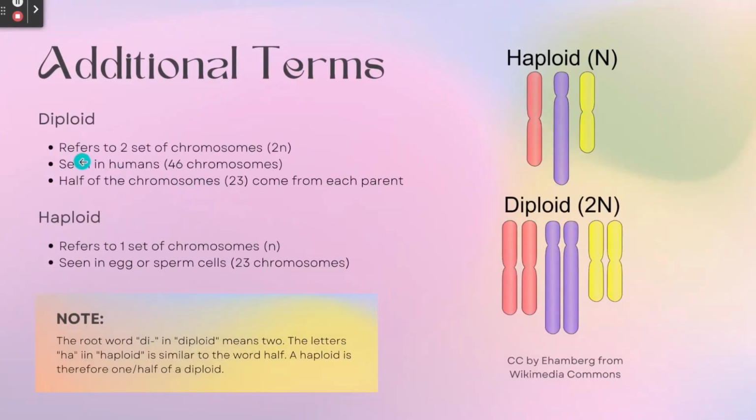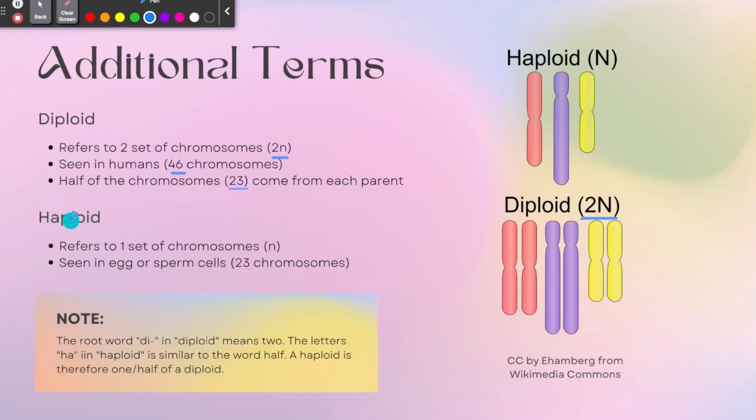So here are some additional terms. The first one is diploid, which is the 2N here, which we saw in the previous slide. This just refers to two sets of chromosomes. This is seen in humans, in which we have 46 chromosomes. Or in terms of diploid, we have 23 pairs of chromosomes. In total, that would be 46. Half of the chromosomes come from each parent, so each parent has 23.